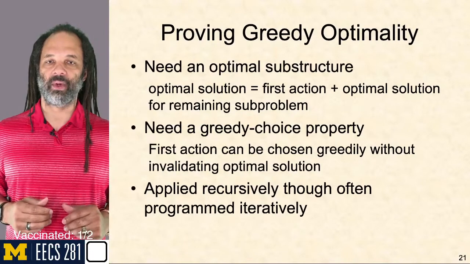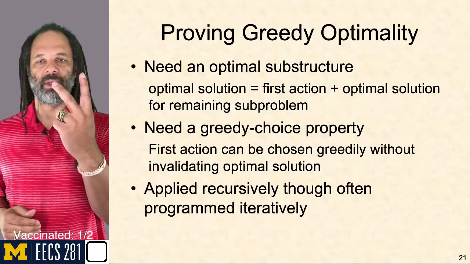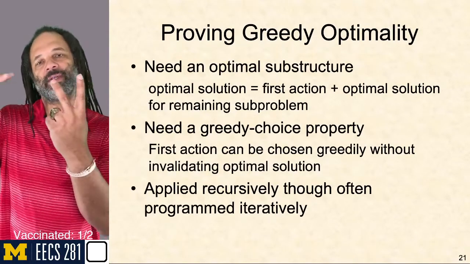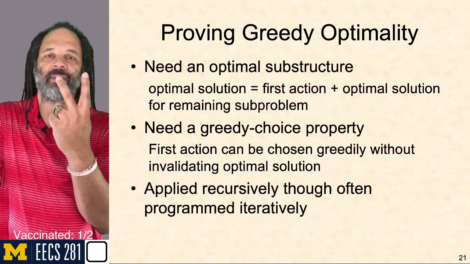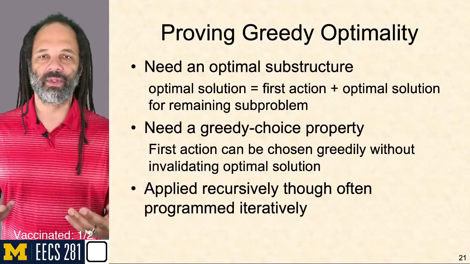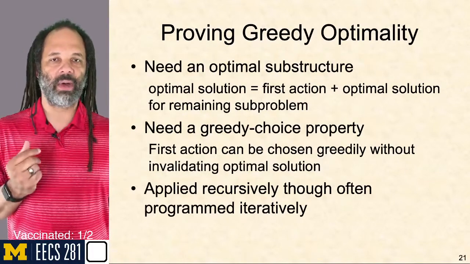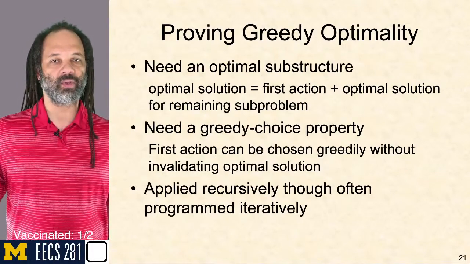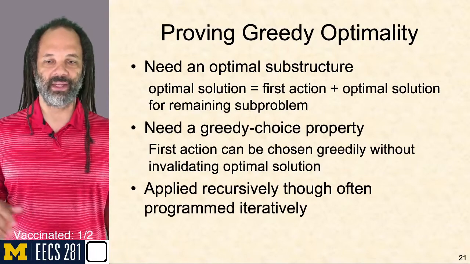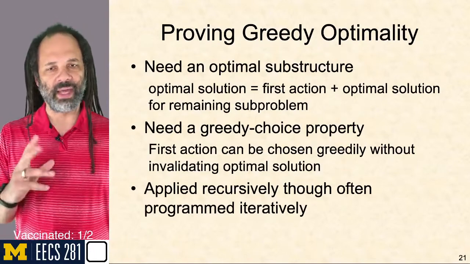Same thing with bubble sort. If I was to ever bubble two items and once I switched these two, there was a broken section of this array that could never be sorted, then a bubble sort wouldn't work. But we know that that's not the case. Every time I do a bubble sort swap, I can still do some other bubble sort swaps to fix the rest of the things. So that's where greedy optimality is.